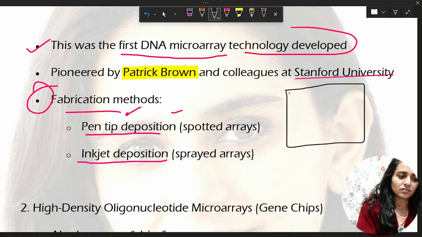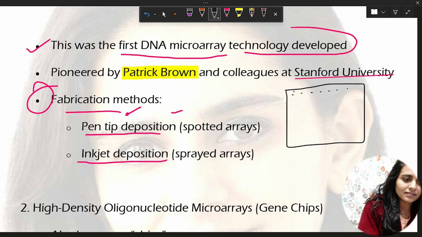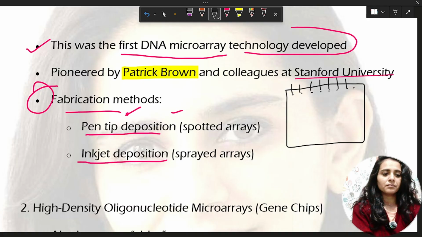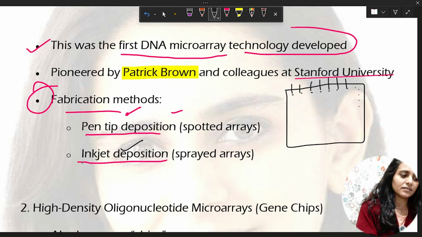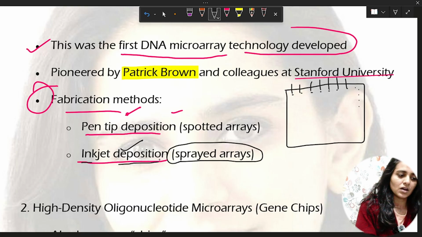What does pen tip mean? We have this solid surface and we see spots there, so we place these spots in the pen tip way. We are using some techniques that work this way, like a pen tip. And the other one is inkjet deposition, the spray array.